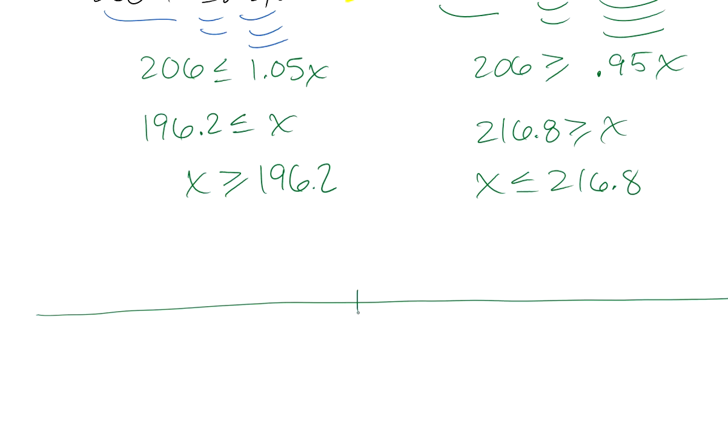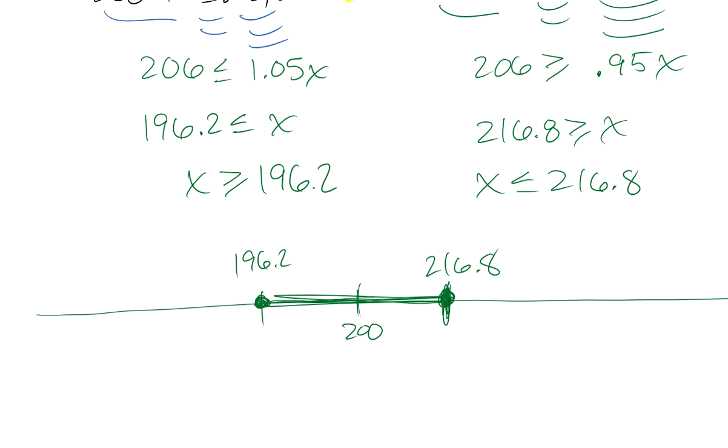If I'm thinking about this in terms of a number line, I'm just going to say this is the number 200. And over here, I've got this dot, and I'm just marking this. It's 196.2, and above it there's this other dot, and it's 216.8, and what we're saying is that our actual time is somewhere in between those two.